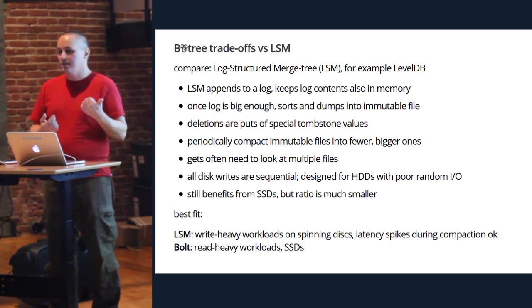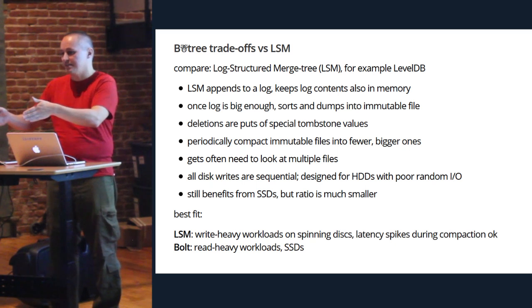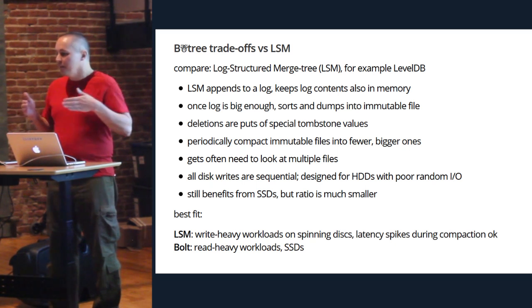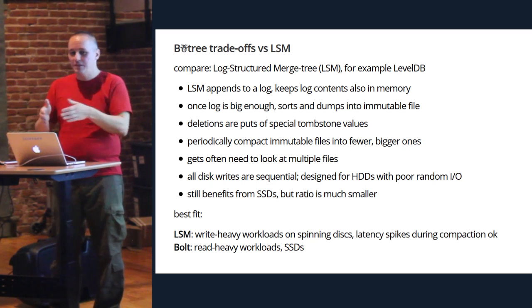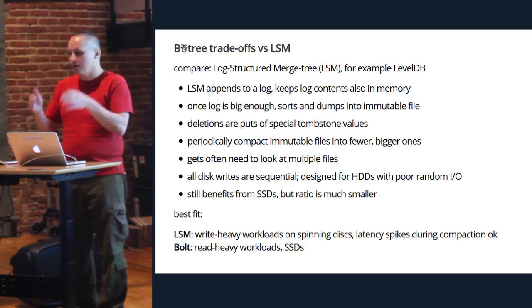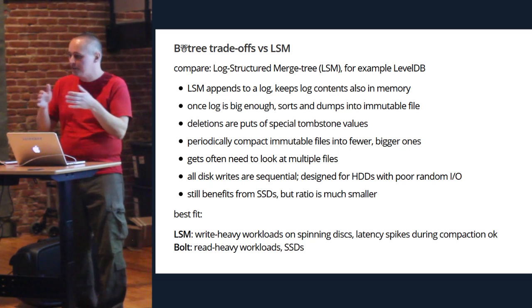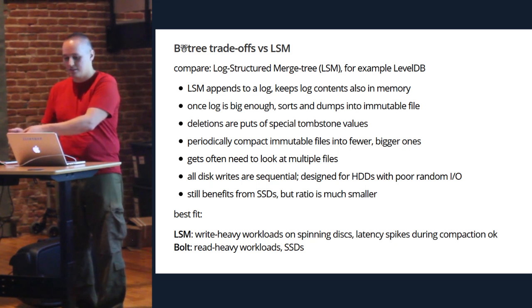LevelDB was designed to take random writes and convert them into sequential writes as they go to disk. And the thing that benefits from that is spinning disks. So LevelDB is really intended for write-heavy operations running on spinning disks. It benefits from SSDs, but it really is designed for spinning disks.